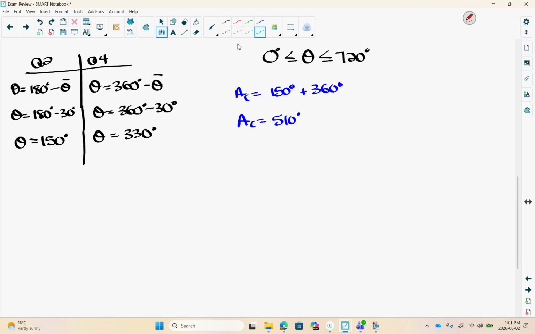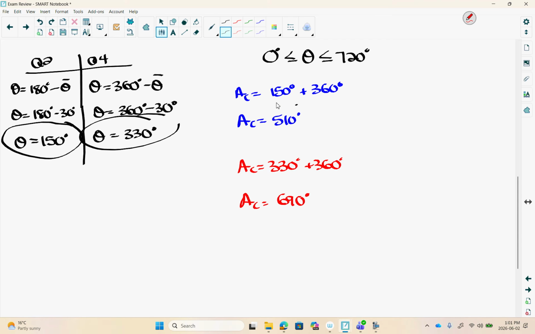And I'll do 330 plus 360. That gives me 690. How many angles do I have, or how many answers? 4 of them. Okay, you can just circle them, or you can say theta equals 150, 330, 510, and 690.